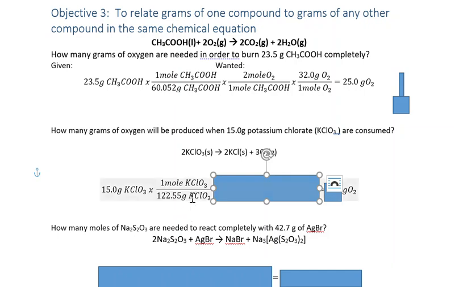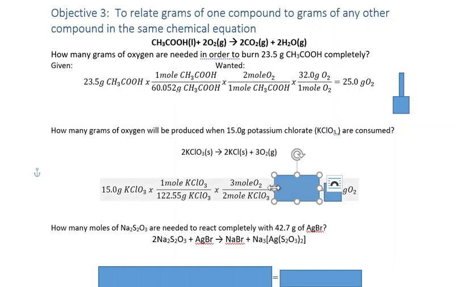Now I need to relate moles of potassium chlorate to moles of oxygen. And that's a pretty simple ratio, 2 potassium chlorate for every 3 O2. So I'm going to put that right here, 2 moles of chlorate to 3 moles of O2. And now all I need to do is find out how many grams of oxygen there are in that number of moles of oxygen.